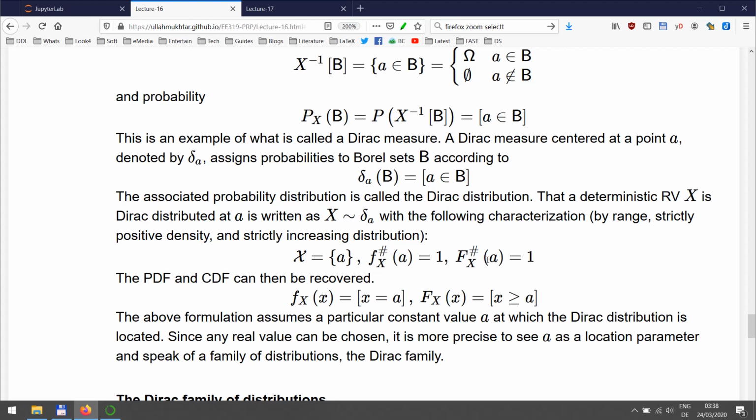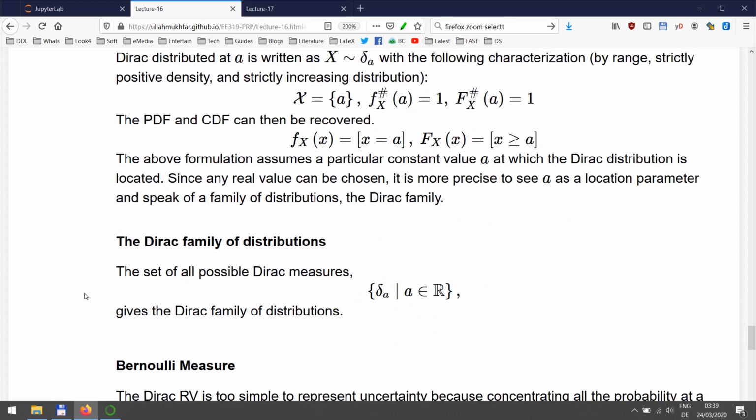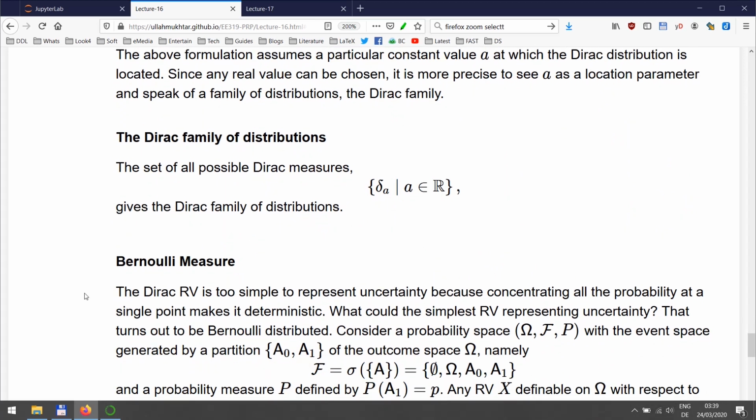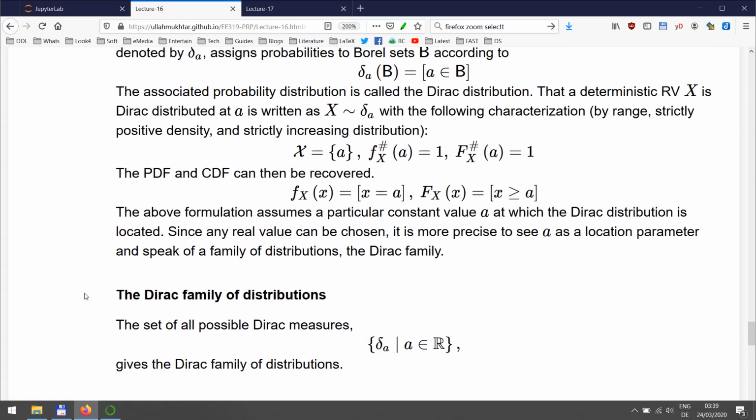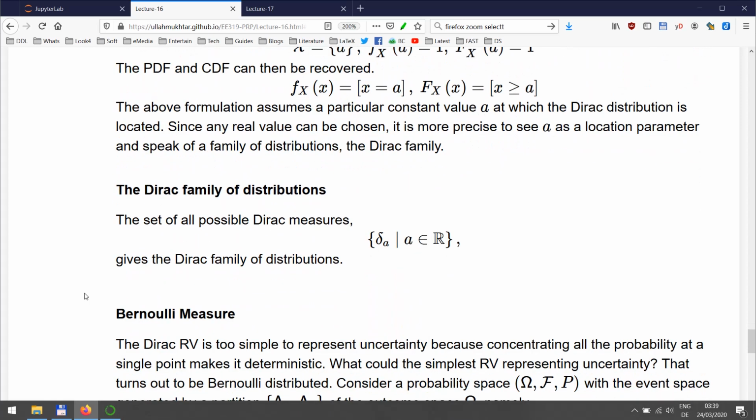I mean, not the CDF, but the strictly increasing CDF. You know all these terminologies. The actual PDF and CDF, of course discrete PDF, can be recovered from this. So we are now done with the Dirac measure.